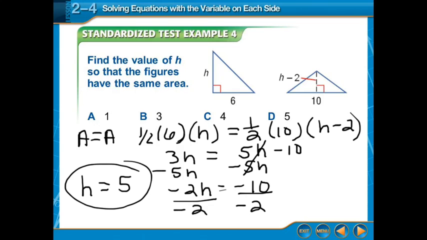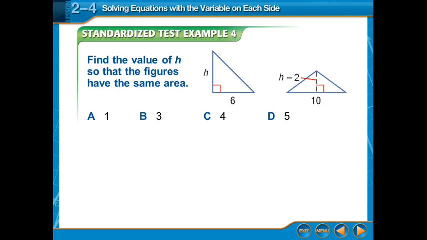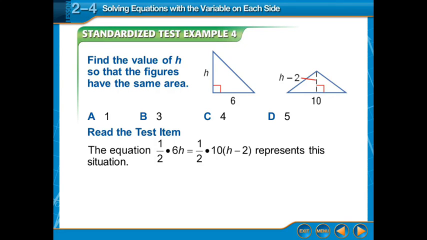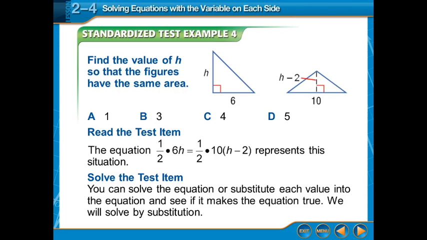Now I can show you another way to do it. You can read the test item and set it up the way I did. You can solve the equation, or you can substitute each value of a, b, c, or d into the equation to see if it makes a true statement. So you can solve it by substitution.